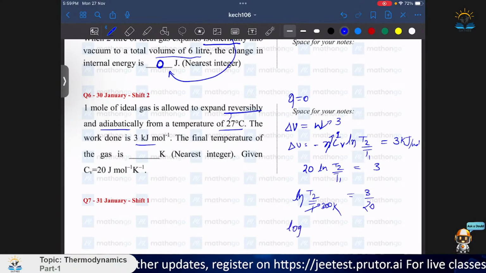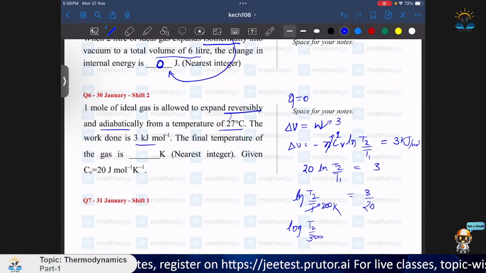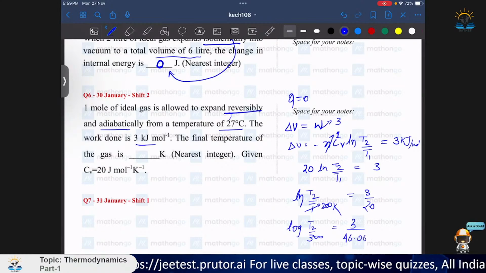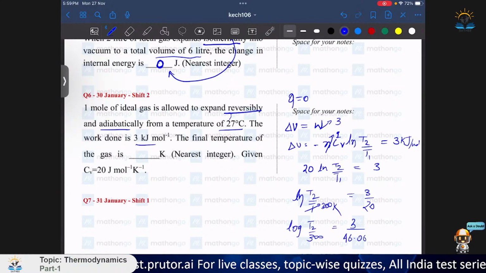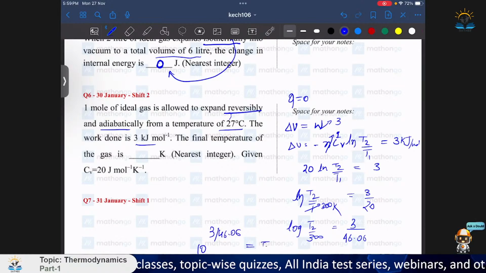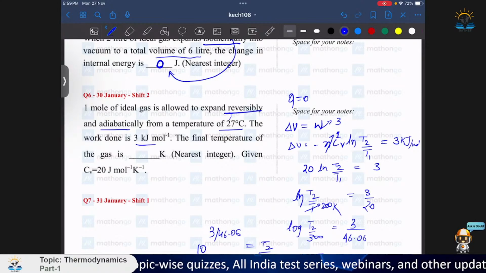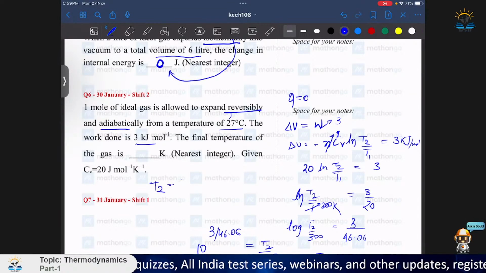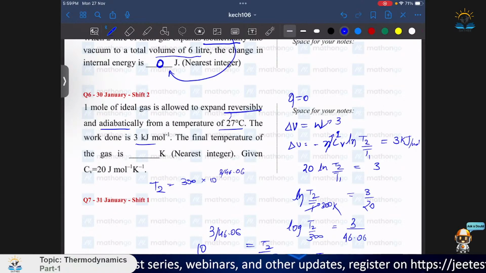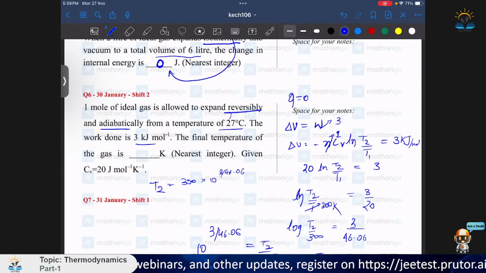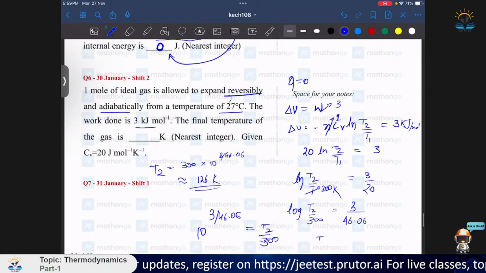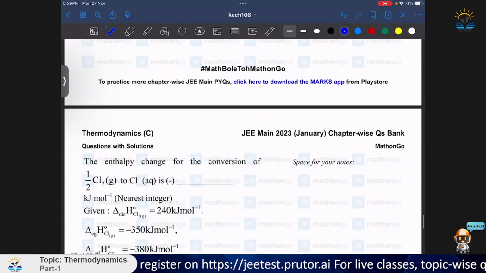We could convert it into log. This is what, 10 to the power, so T2 comes to be around 126 Kelvin.